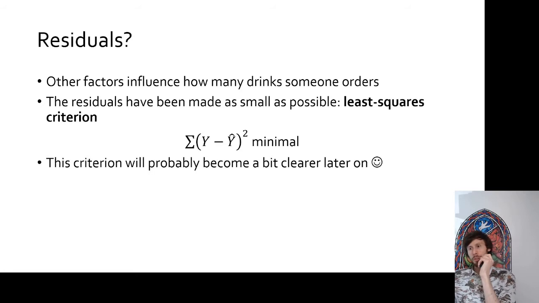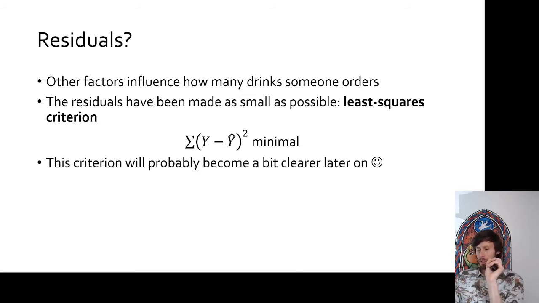Well, so what you could say is that the line has been drawn in such a way that the points follow that line as well as possible. This is what we said earlier, right? This is an attempt to make that more formal.